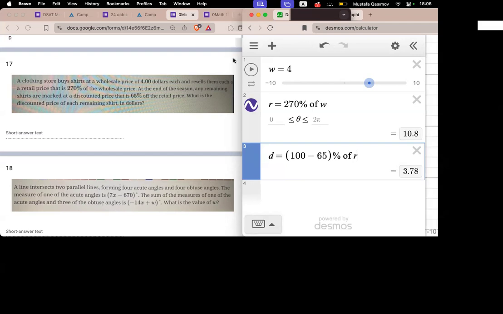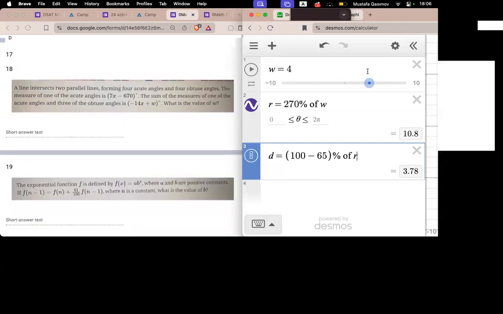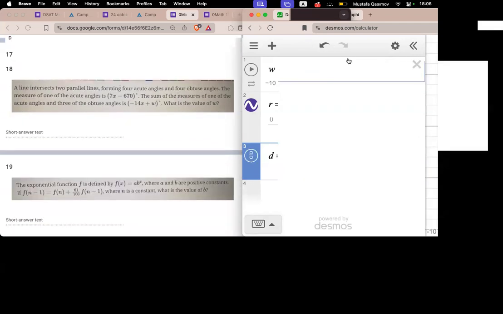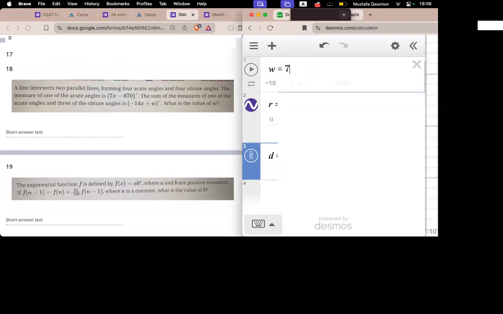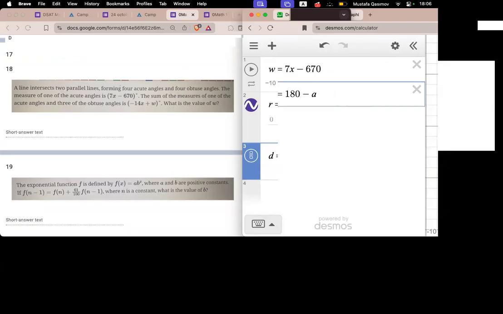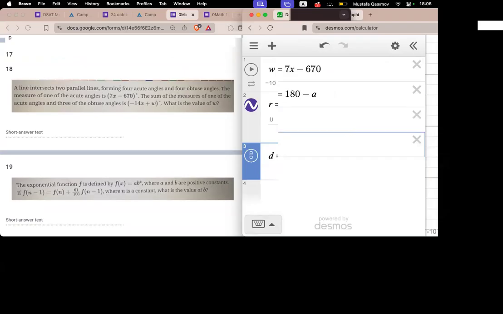Answer is 0.78. For 18, we have an angle like A is equal to 7x minus 670. B is equal to another angle, 180 minus A, right? Then it says that the sum of the measure of one acute and three obtuse is equal to negative 14x plus W. Then you have to write here that sign.